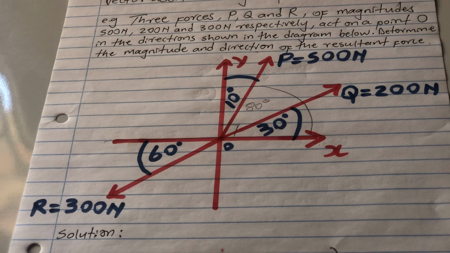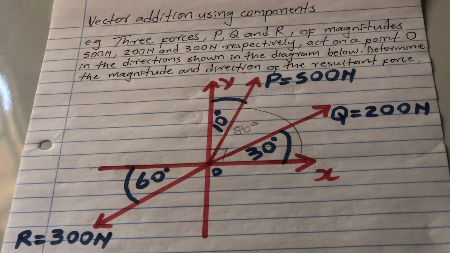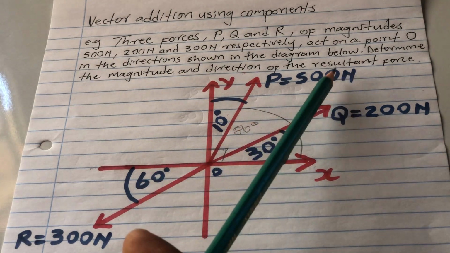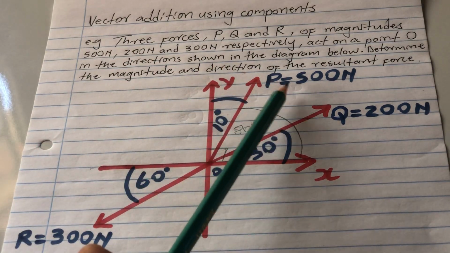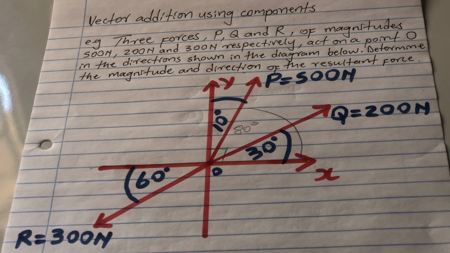Now, what is it that one must do in order to answer this question? In this question, we are required to determine the magnitude and the direction of the resultant force.